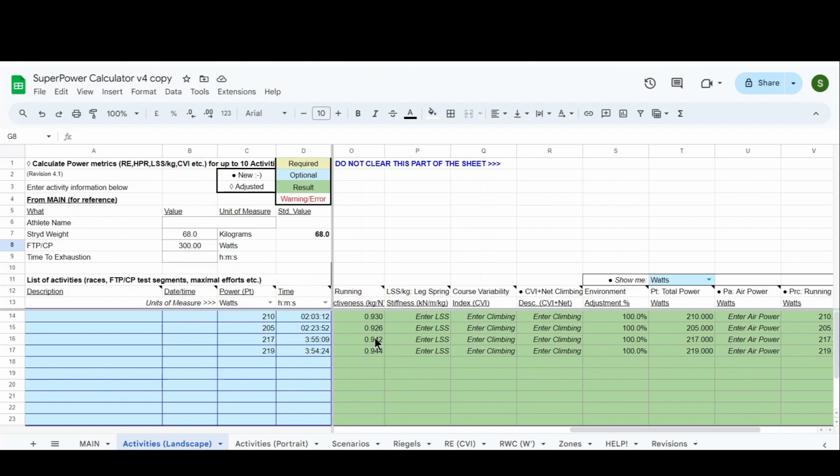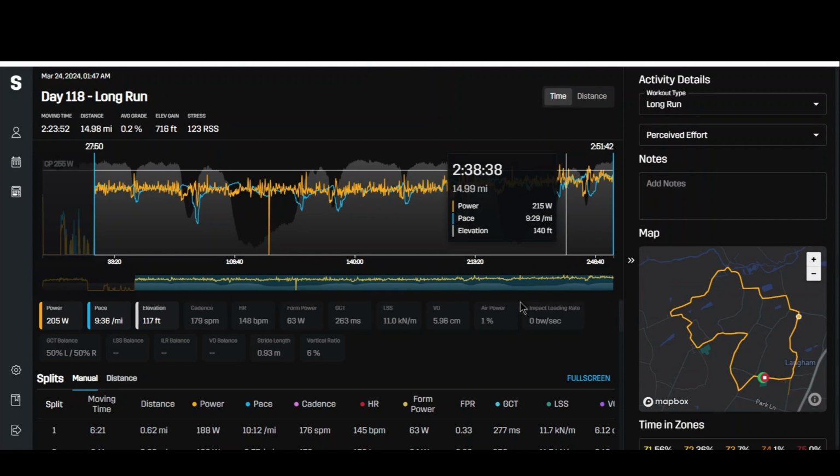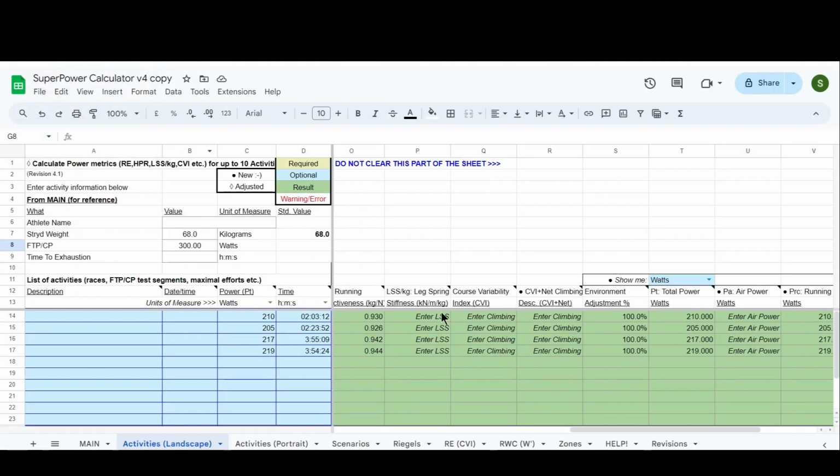They're both 0%. These are both 1%, if I remember right. Let's go back. Yeah, 1%, 1%. So every percent of air power difference is going to have about a 0.01 effect. So this one with 0% air power was 1%.